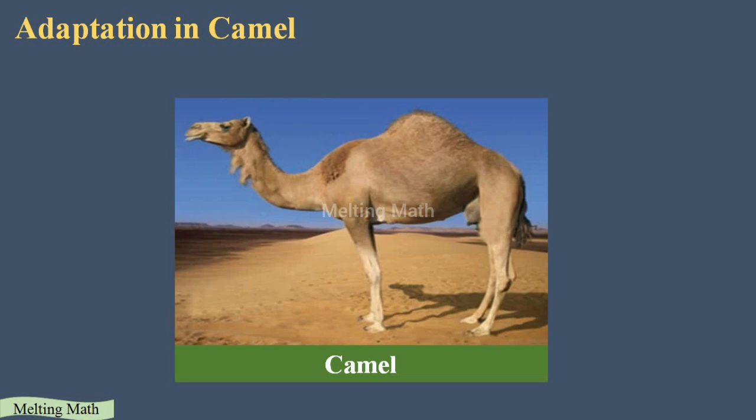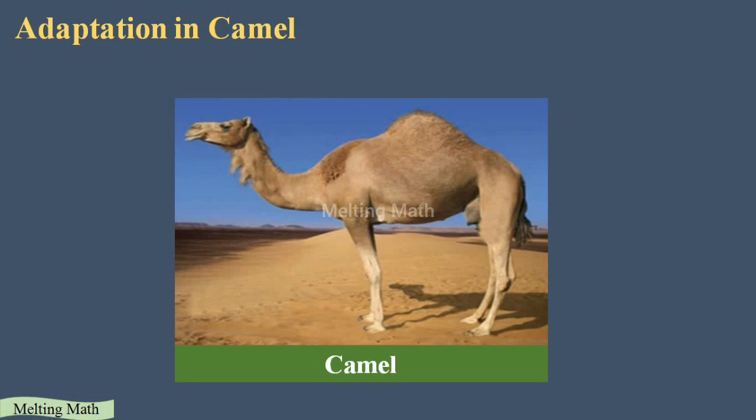Then the camel's body is adapted to save water. In which ways? Camel cannot sweat. When we are in a hot climate, our body automatically sweats, but the camel's body is not like that.